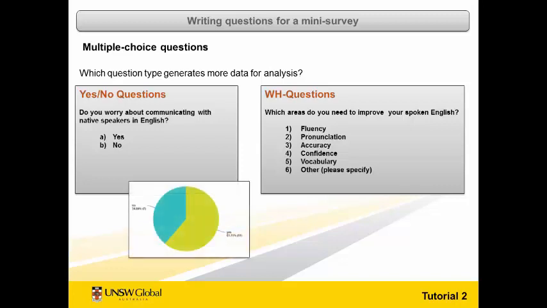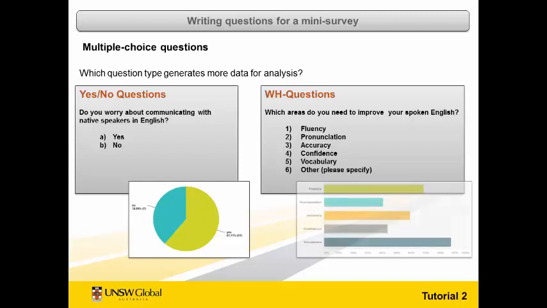And they can produce data that shows us a comparison between the different proportions. However, with the WH questions, we have far more data which allows for better comparison. So when creating your question, I would recommend that if you are going to use a yes/no question, that you only use a maximum of 1 or 2 in this survey.